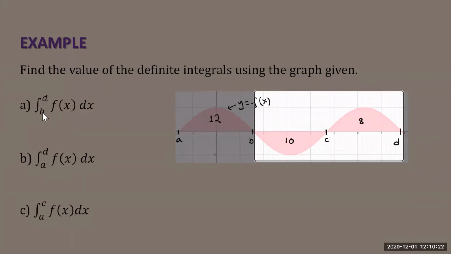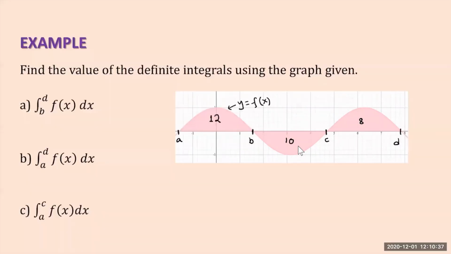That means the value of the definite integral from b through d will be 8 minus 10, because it is the area above the x-axis minus the area below the x-axis. That's how we can find that value. So that is equal to 8 minus 10, or negative 2.